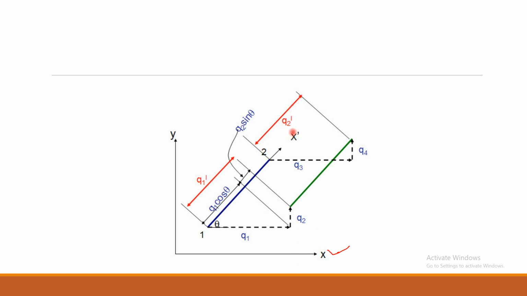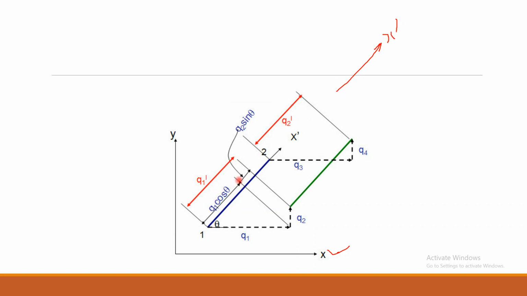Okay, why is it useful? To find out the stresses for these parts. And let us have the displacement for node 1 and node 2 in the direction of the local coordinate system. So node 1 is having q1 dash displacement in the local coordinate system, node 2 is having q2 dash displacement in x dash direction only.